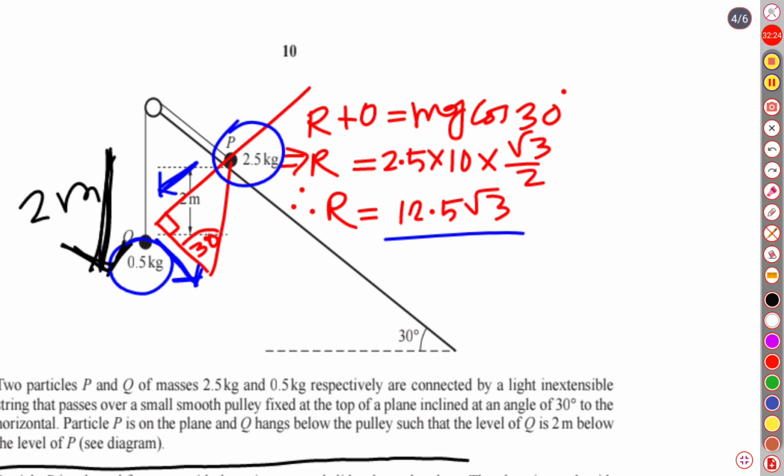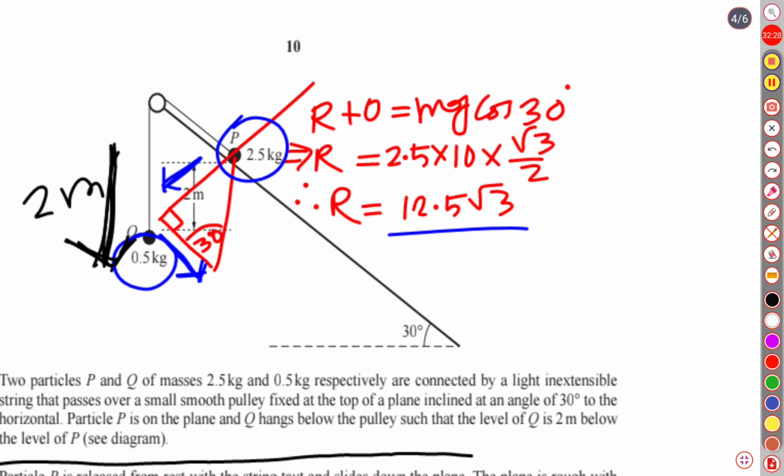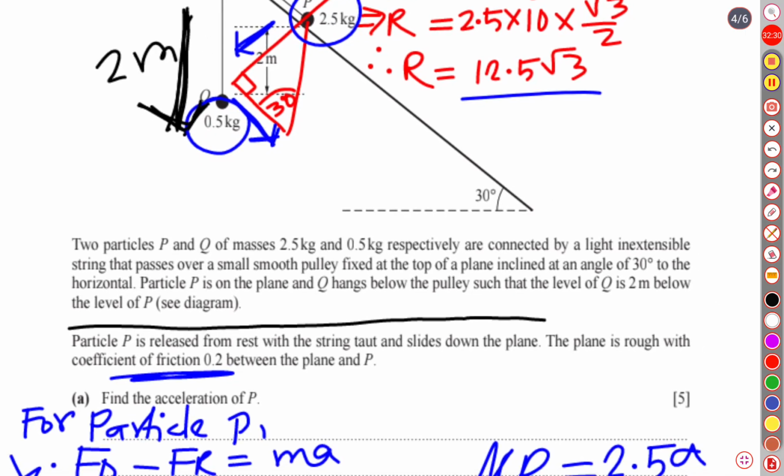But for P, there is a resistance force because the surface was not smooth. It is written that particle P is released from rest with the string taut and slides down the plane. The plane is rough.